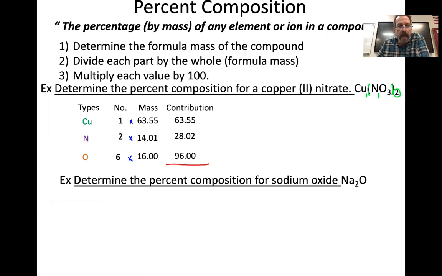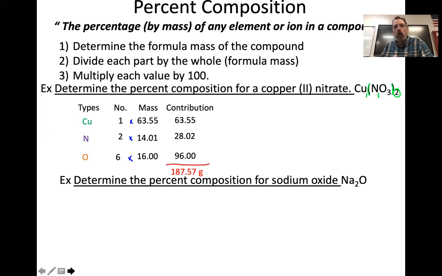Finally, we add up those contributions from the 3 individual elements, and we get a whole quantity of 187.57 grams, which is called the formula mass, or the whole quantity of the entire formula.